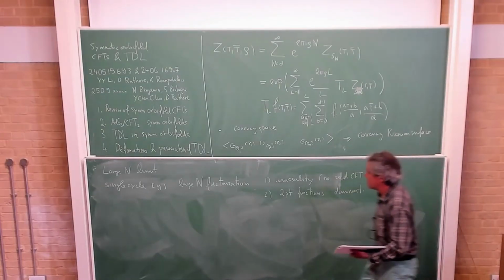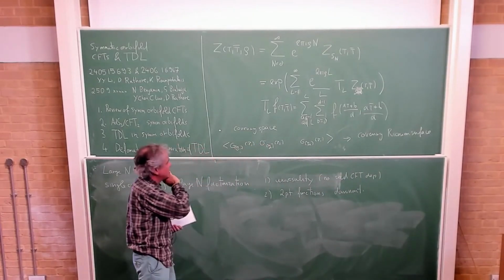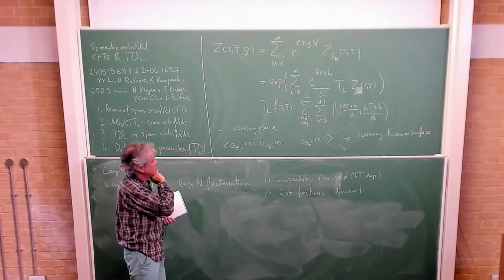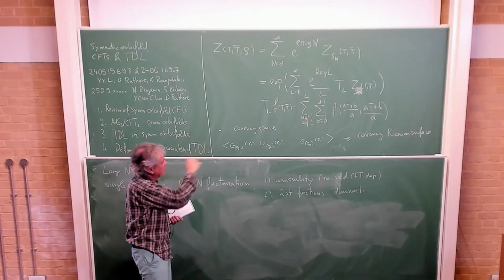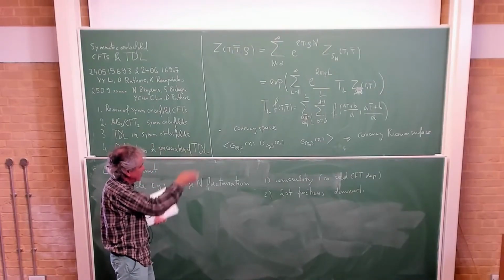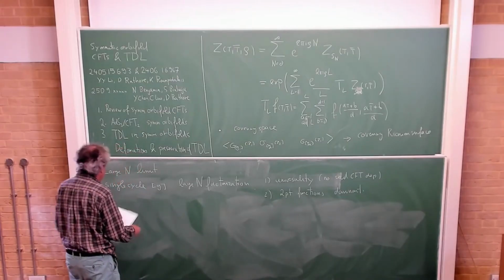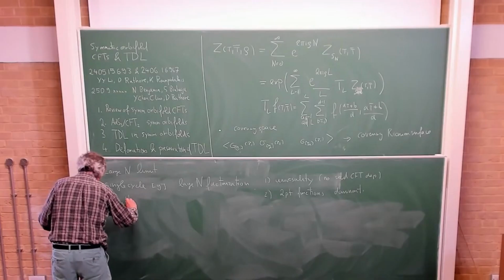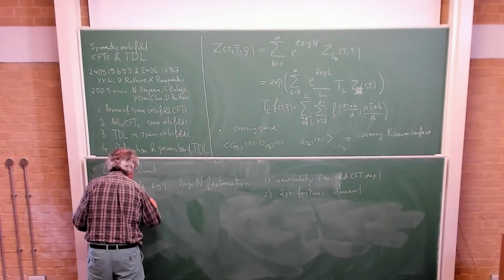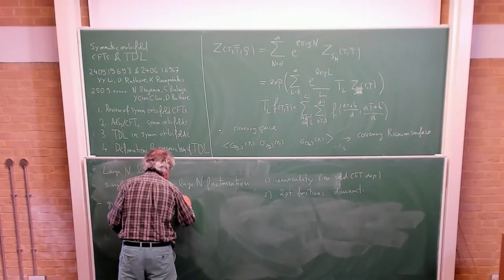Okay, so maybe the last thing: there are these formulas, and there's another one which I won't write down, due to Dijkgraaf, Moore, Verlinde and Verlinde. Generically, the modular properties allow you to look at the growth of states at large n.